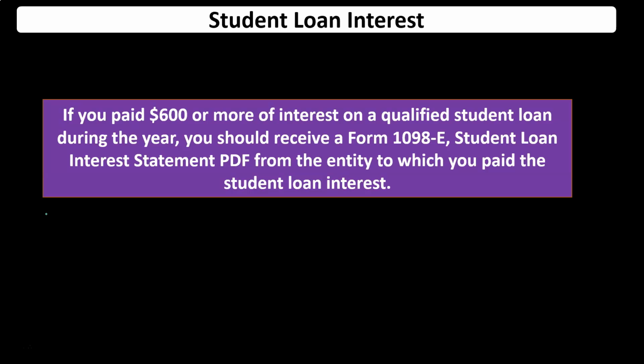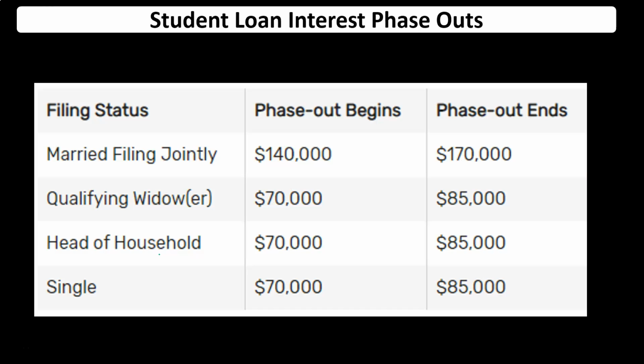If you paid $600 or more of interest to a qualified student loan during the year, you should receive a Form 1098-E. So note, if you paid less than the $600, it's possible you don't get it. You might not get the 1098-E, and you might want to look into it and make sure to contact the institution at that point and see if you can get how much interest was paid. Student loan interest statement, PDF, from the entity to which you paid the student loan interest.